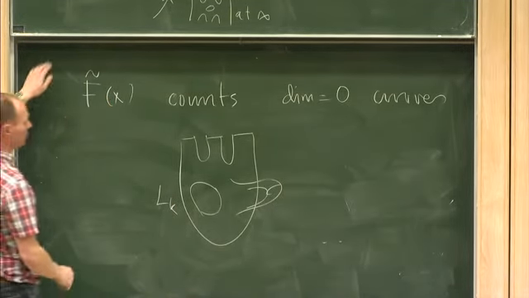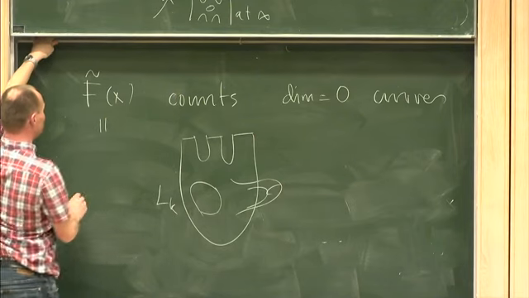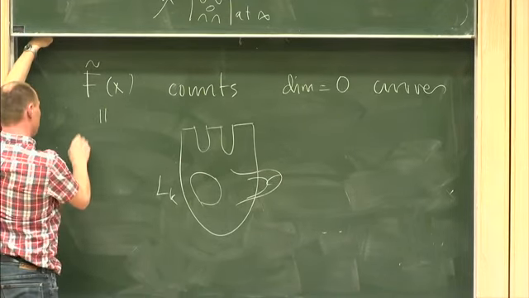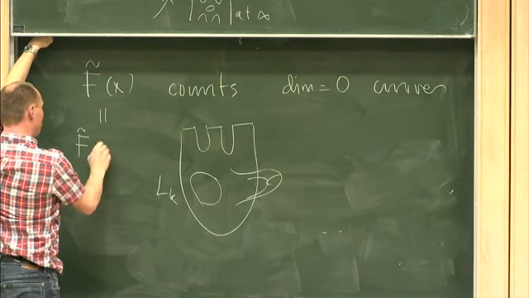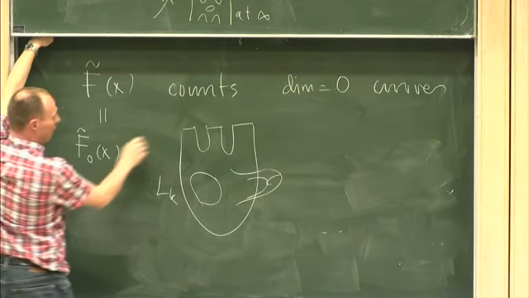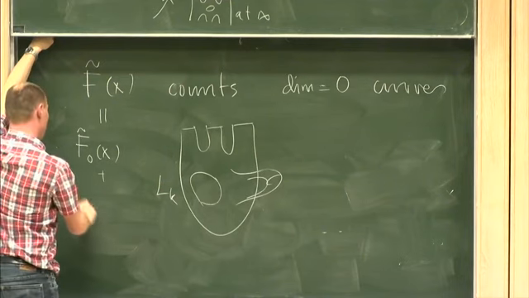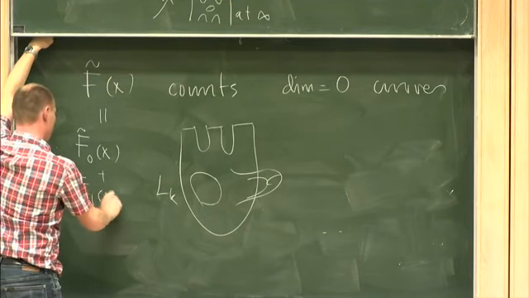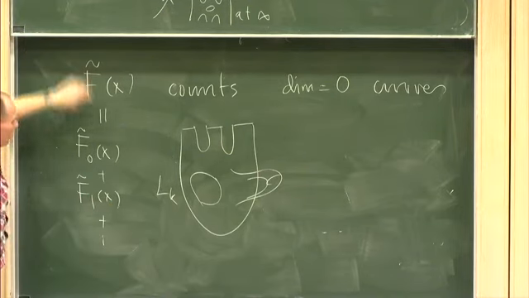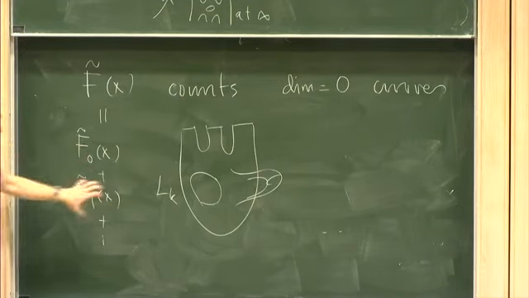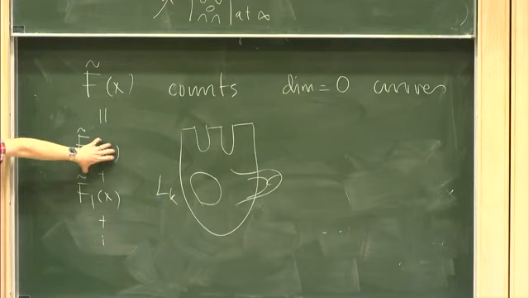So in fact, I should have left a little bit of room, but we can write this f twiddle is equal to f twiddle 0 of x, where we count 0 positive punctures, plus f twiddle 1 of x, plus and so on, where this is 1 positive puncture, and so on. And this is the guy we're after, right? E to the f0 should be the wave function.